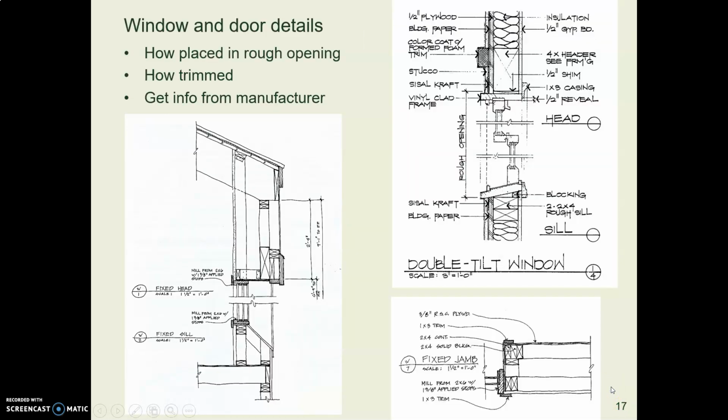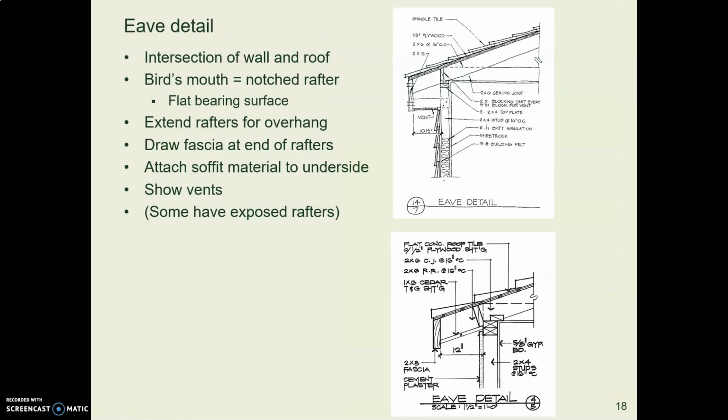You only need these if there's something unusual going on. And here are some eave details showing how does the rafter connect to the wall, or down at the bottom, is there a fascia board covering that space? So they will need to know that. Do they just have open rafters, or are they supposed to put a fascia under there?